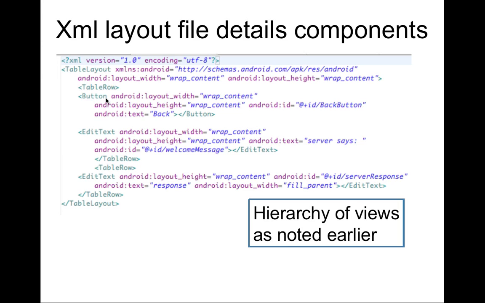I probably should have indented the button here, but it's actually at the same level as the table view. So we have a button and an edit text that's inside of it. And this is actually from the table layout example that I gave you last Monday. But you see the indentation from table layout. We can see table in there, the table row that's in there.